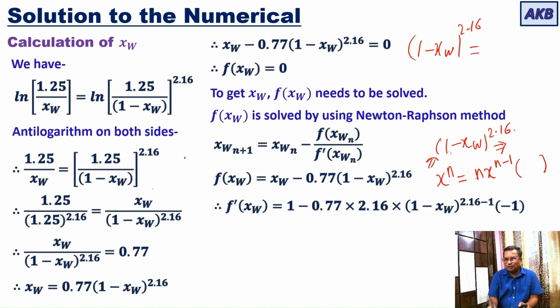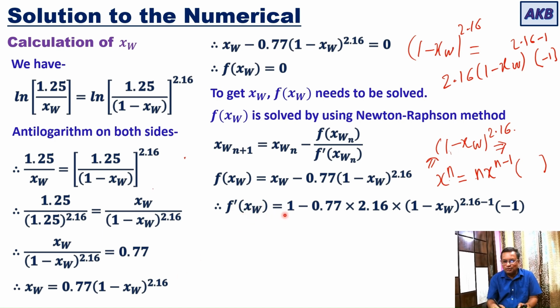According to the formula it will be 2.16 into (1 - xw) raised to 2.16 minus 1. And since xw is in a function, you'll have to multiply with the derivative of this function with respect to xw. So, the derivative in this case is minus 1. So, I have used this formula over here.